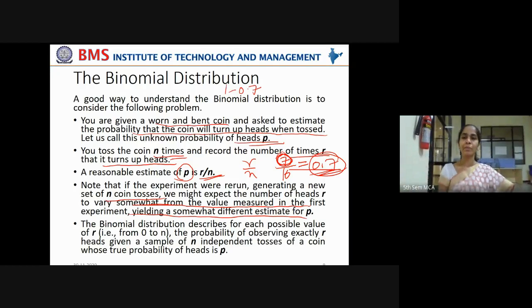In the second experiment, I again tossed the coin 10 times and observed 6 heads, so the probability here is 0.6.